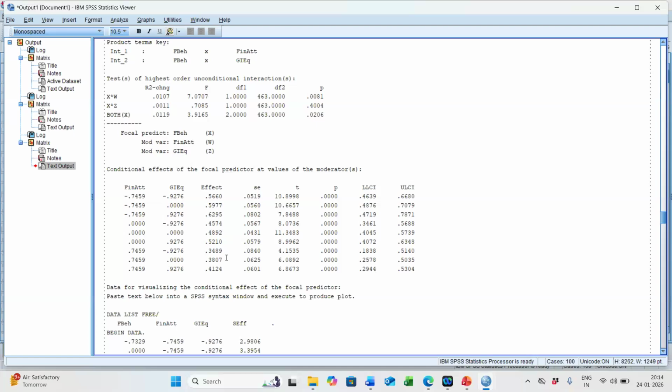Whatever be the level of financial attitude, as the gender equality increases, the moderating effect of both these variables in the relationship between financial behavior and financial self-efficacy improves.